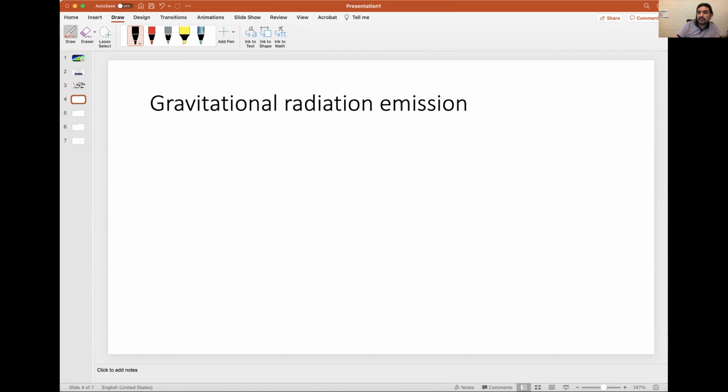So the energy in a gravitational wave is pretty much like the energy density in an electromagnetic wave. In electromagnetic waves, what you do is square the electric and magnetic fields to get the radiated power. So in E&M, this is proportional to the square of the electric field and the magnetic field, right?